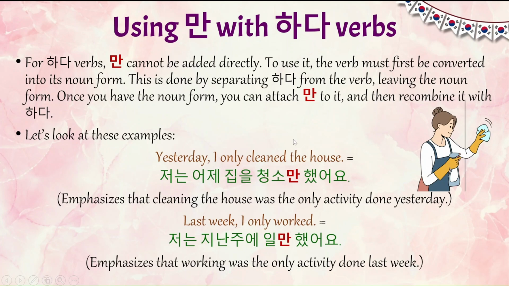Now we know you have to attach man to this verb as cleaning is the only verb, the only action that you did. So you have to separate hada from changso, and then you have to attach man to the noun form. It becomes changso man, and then hada in the past tense becomes hesoyo.